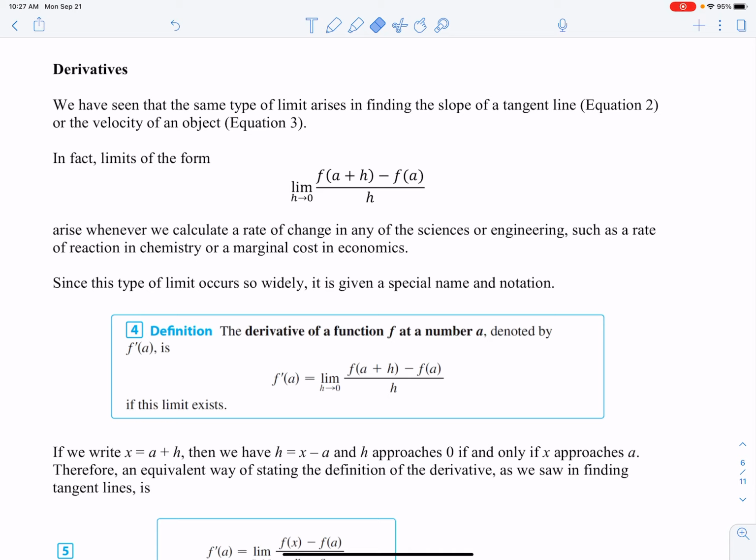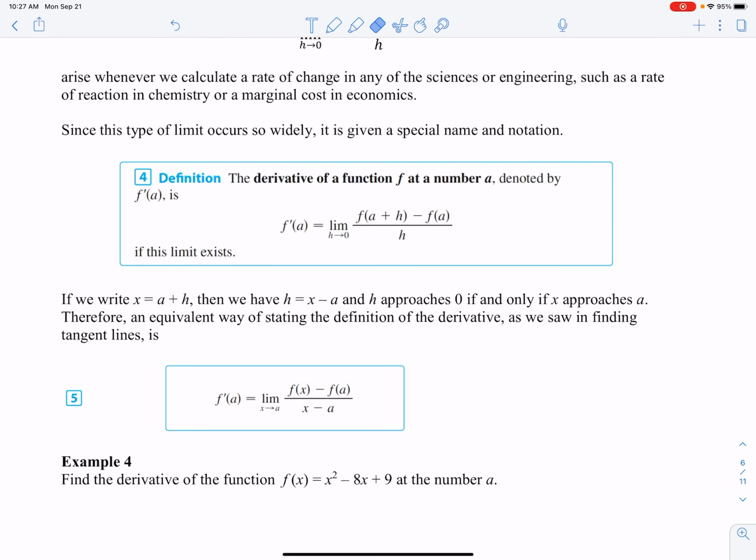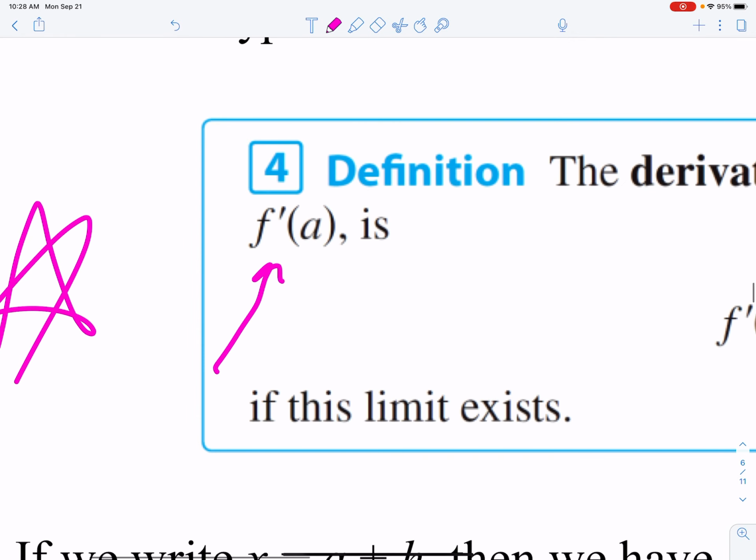Since this type of limit occurs so widely, it's given a special name and notation. It's called a derivative, right? So again, super, super important right here. The derivative of a function f at a number a, denoted by f prime of a. So this is important notation here. We state this as f prime of a.